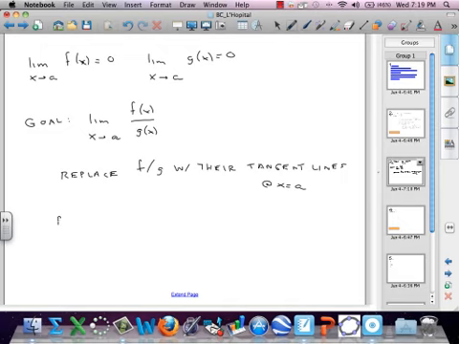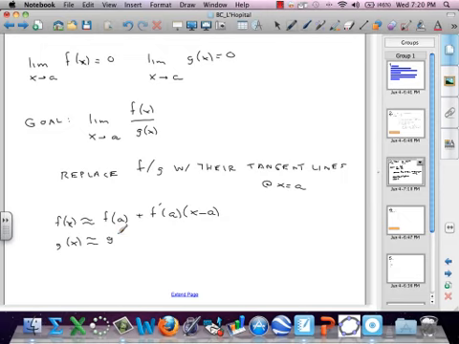So f of x would be approximately the same as its tangent line at a, which is f of a plus the slope of f at a, that's f prime of a, times x minus a. Okay, that's the tangent line to f at a. That's the generic form. And then similarly, g of x is approximately its tangent line.